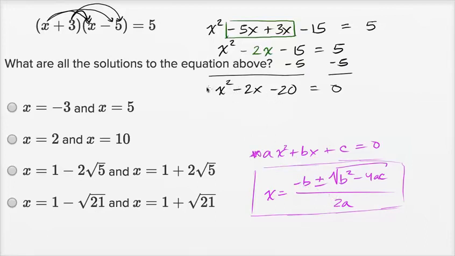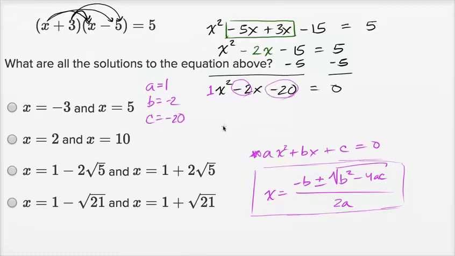So in this context, our a is 1. It's the coefficient that's implicitly out there. So a is 1, b is negative 2, that's this coefficient right over there, and c is negative 20.